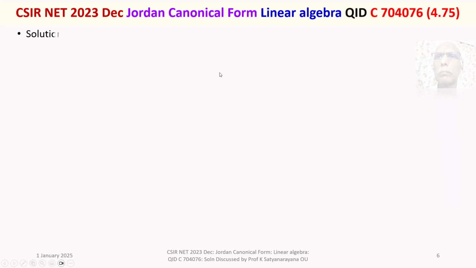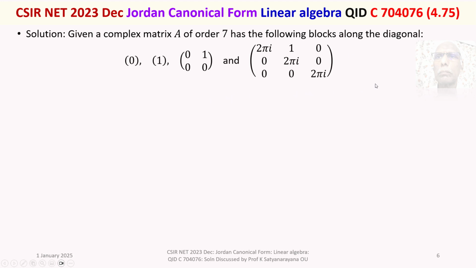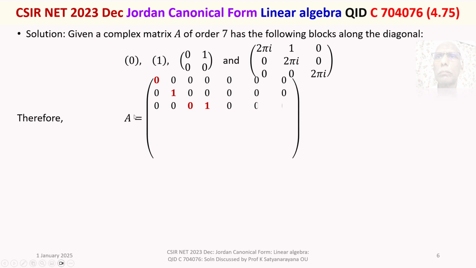We now discuss the solution of the problem in detail. We are given a complex matrix A of order 7 that has the following blocks along the diagonal. So the matrix A is a 7 by 7 matrix.